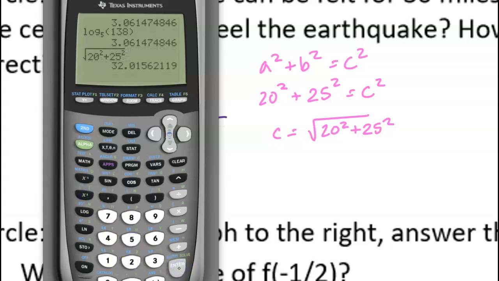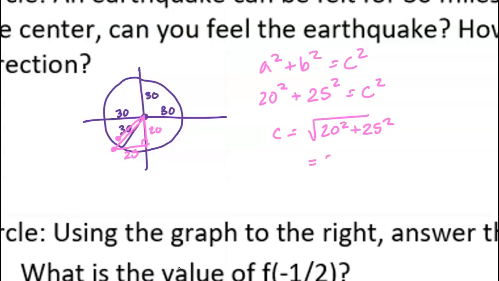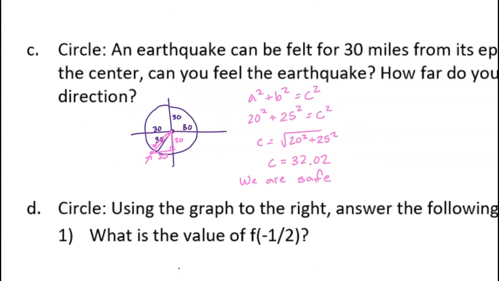And we get 32.02, which means that our house is outside of our circle's radius. So we are safe. We don't have to move anywhere to make us safe. We don't have to worry about this earthquake.